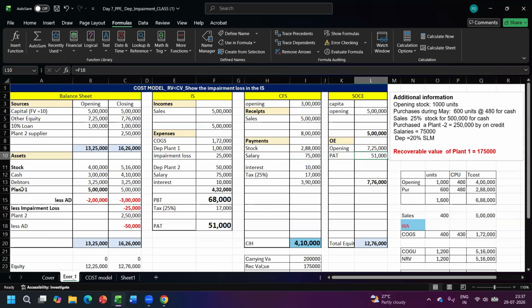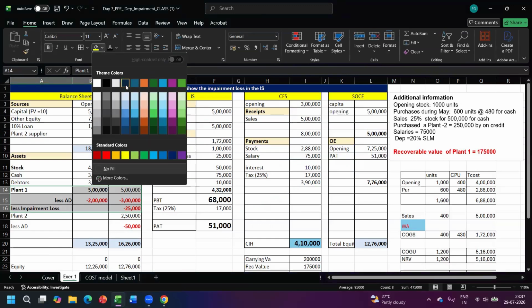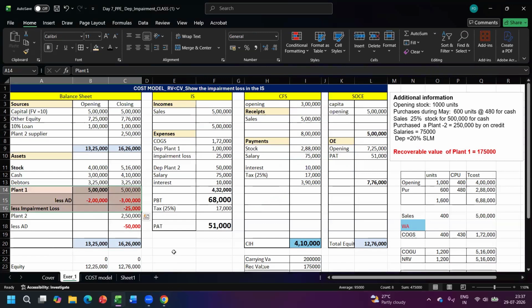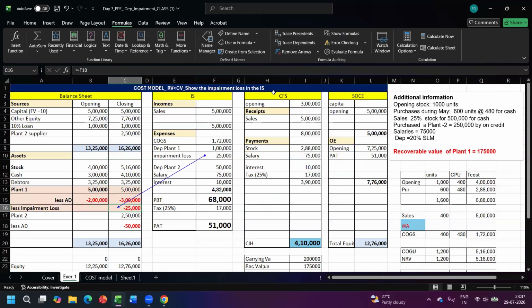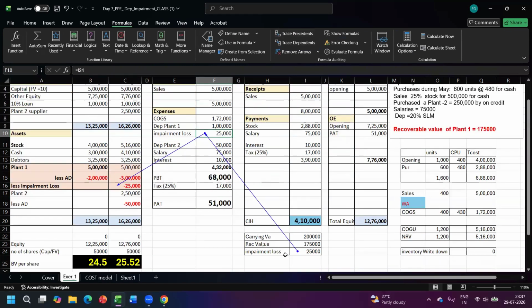But the focus of this session was on depreciation and impairment. So impairment has happened here because the recoverable value is less than the carrying value.